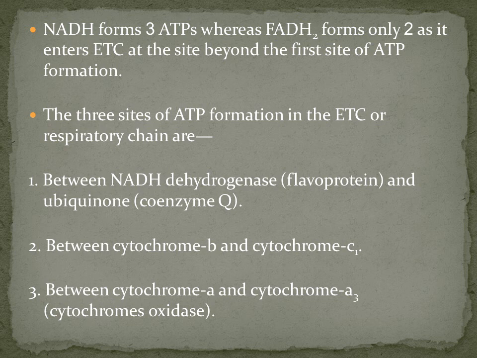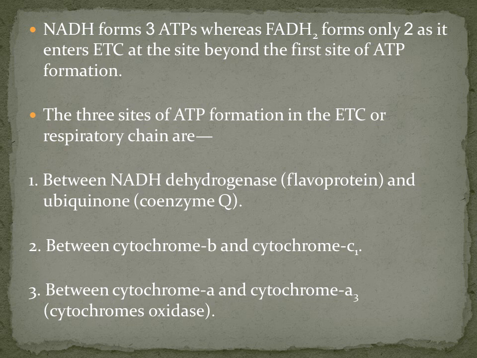Or another question may be, 2 ATPs are formed in the electron transport chain by the oxidation of which one of the following? A will be NADH, B FADH2, C will be TPP, D maybe NAD, something like that. So the answer will be B, FADH2.